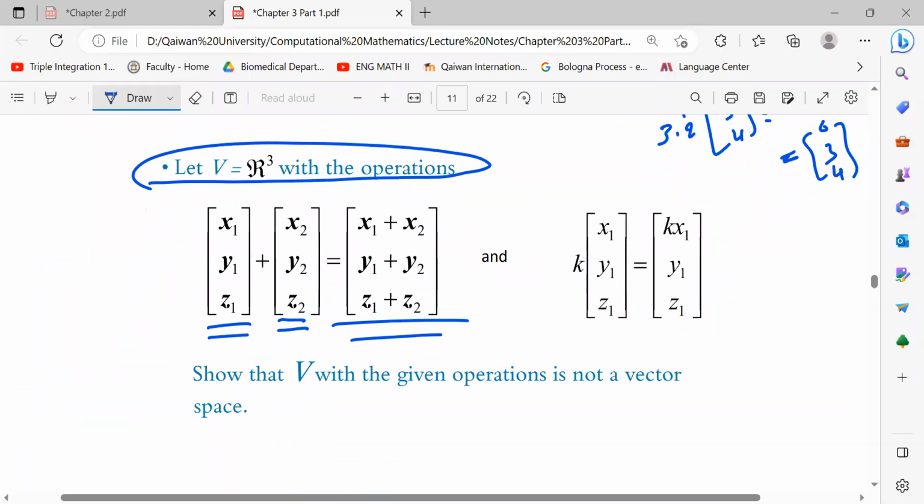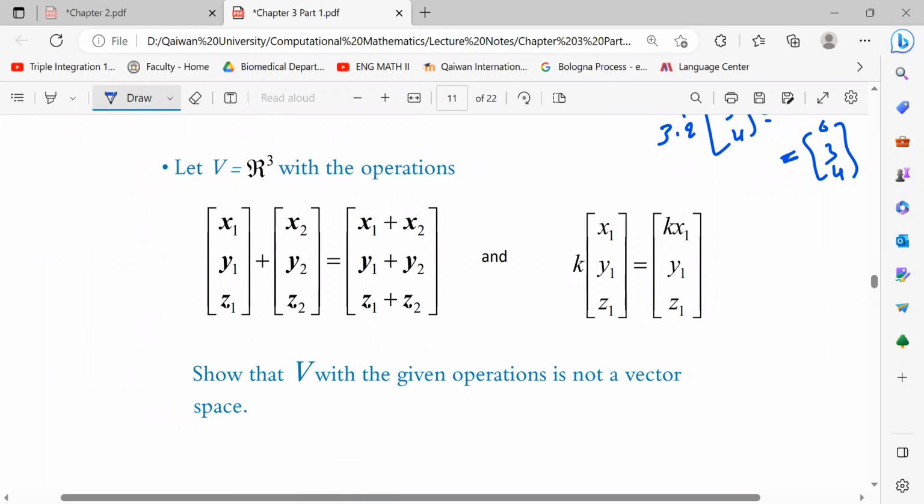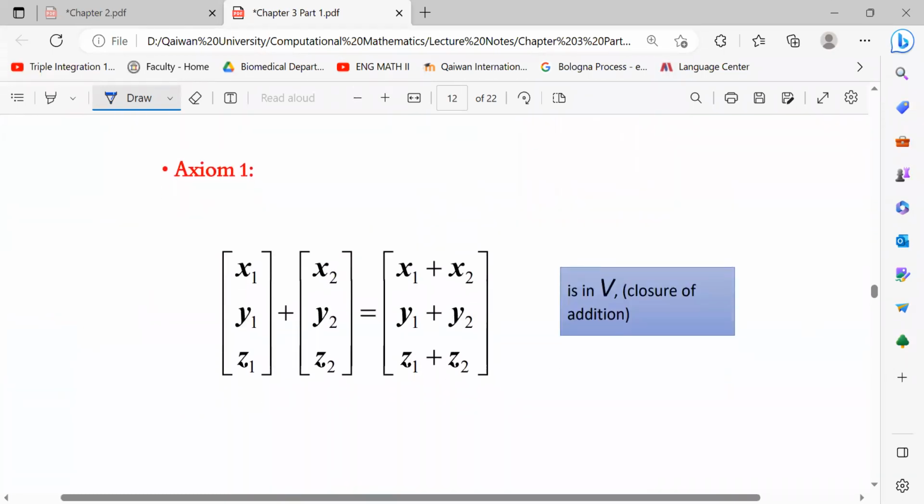For addition, it's easy. It's the normal addition of two vectors. First with first, second with second, third with third. So it satisfies all the axioms of addition. Look, axiom 1.